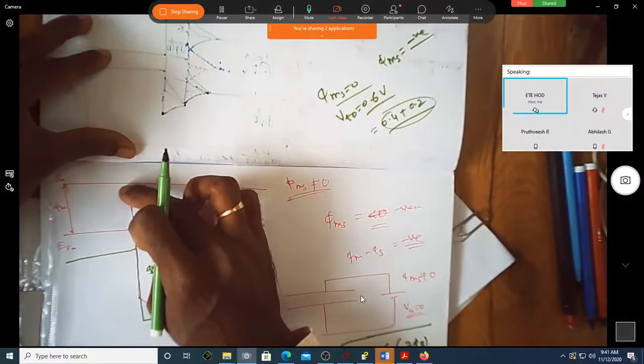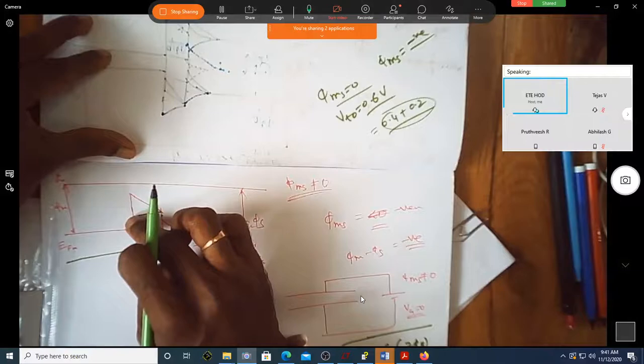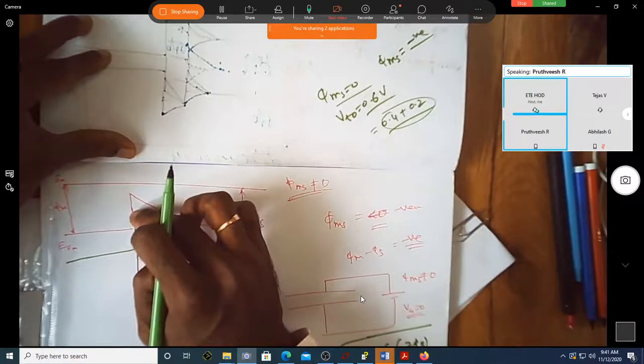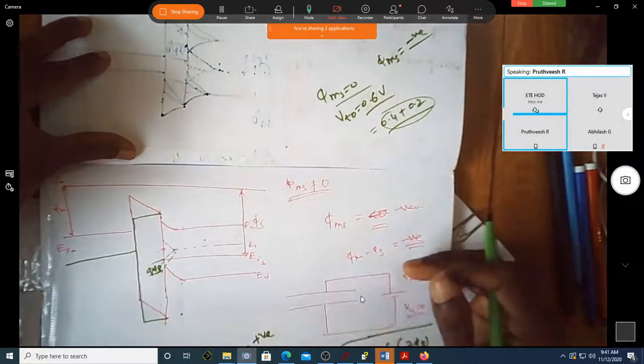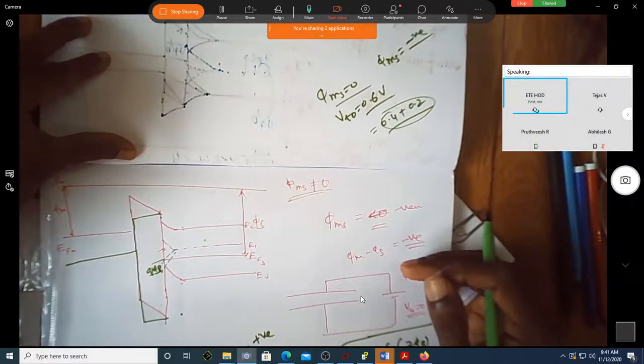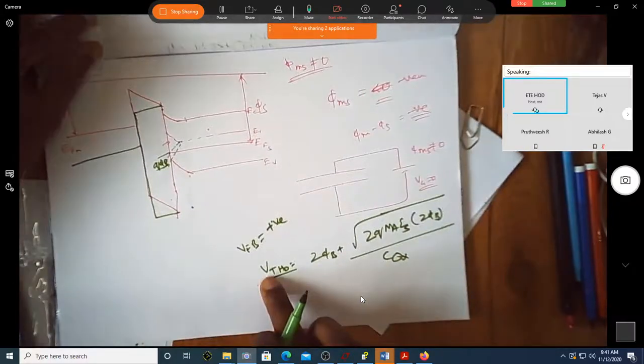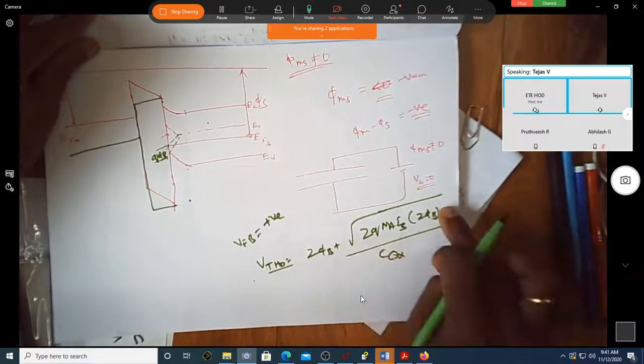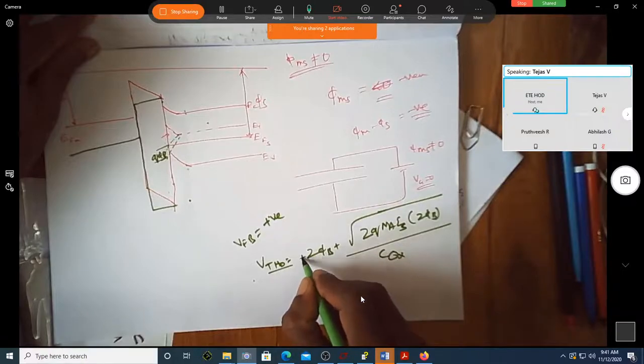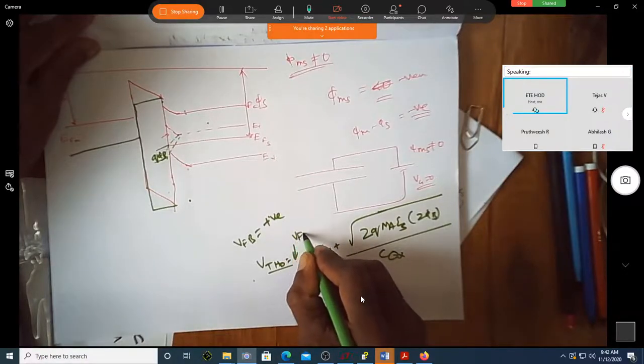So first I should make the band flat, no? Yes, sir. To make the band flat, do I need to apply some extra voltage? Yes, sir. So this threshold voltage is not only this, it is plus one more term which is VFB.